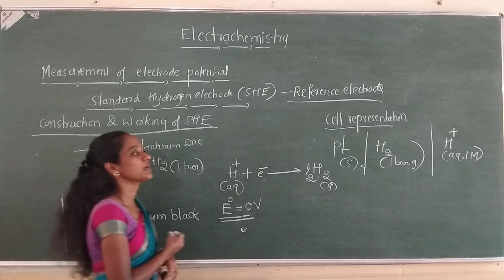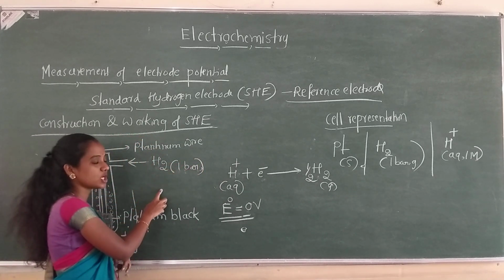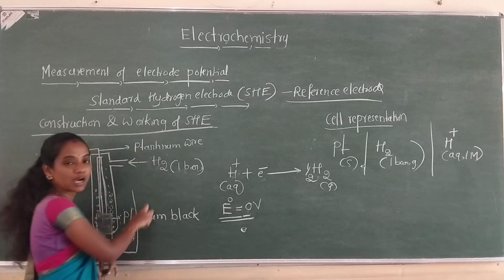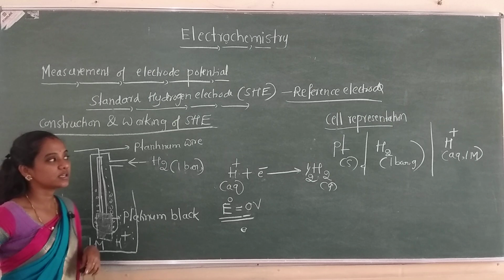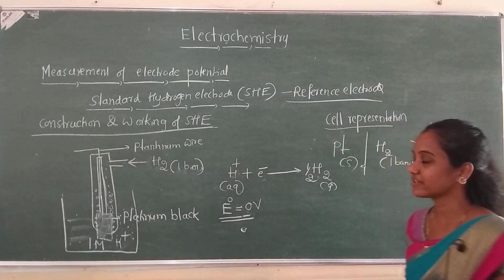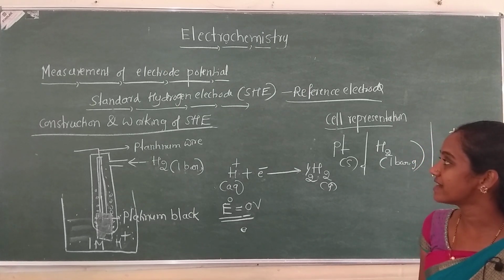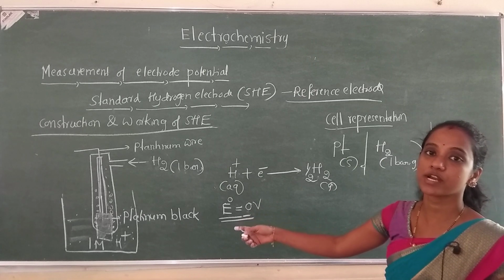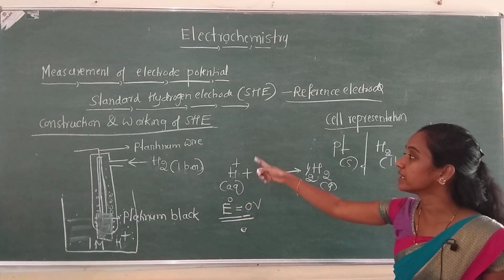This is about the representation of a half cell. A salt bridge cannot be written because there is only one half cell. It is not a cell. Okay, so this is important for the final exam as well as the term exam. Explain the construction and working of the standard hydrogen electrode. The diagram is important, and a labeled diagram is very important, and the explanation also.